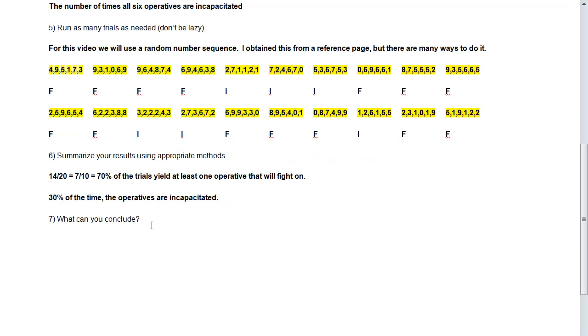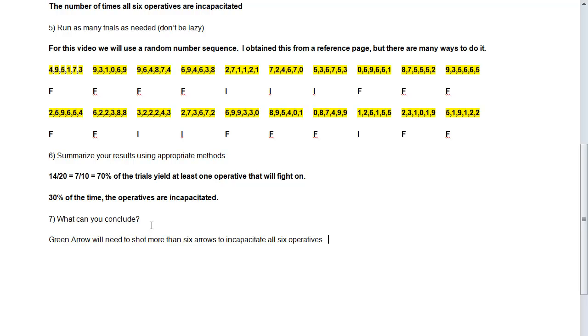So what can I conclude from this? What I can conclude from this is green arrow will need to shoot more than 6 arrows to incapacitate all 6 operatives.